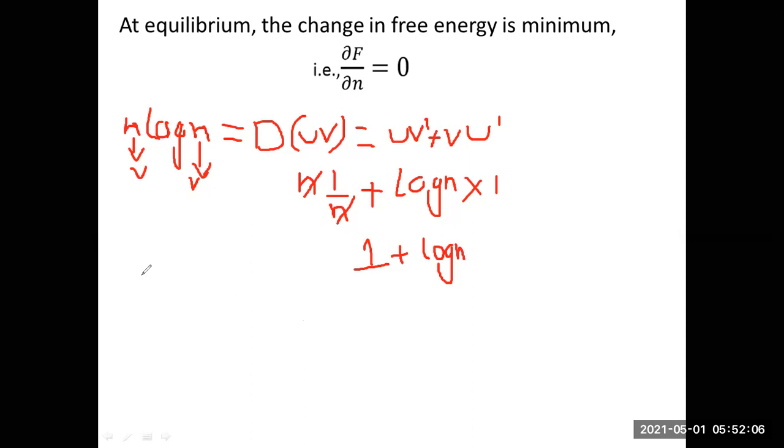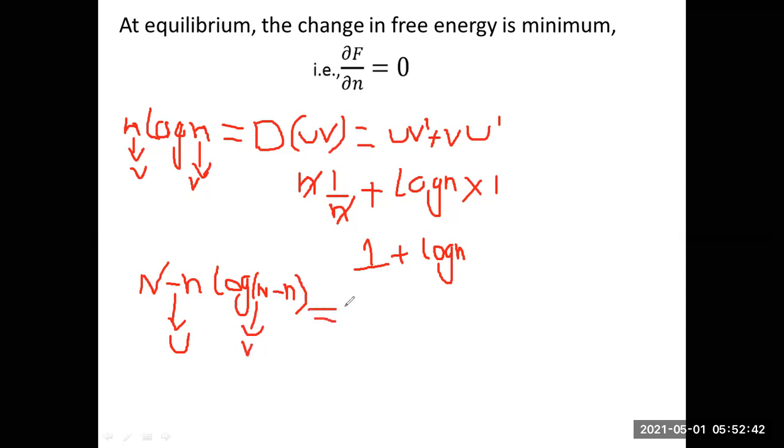See, one more I will show you. Capital N. So you can just see this.